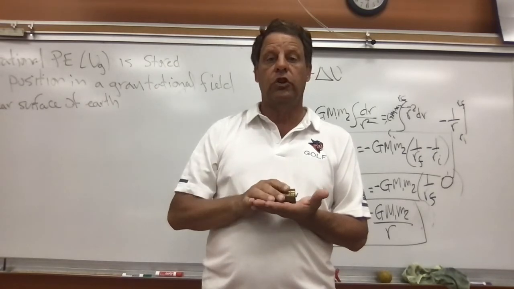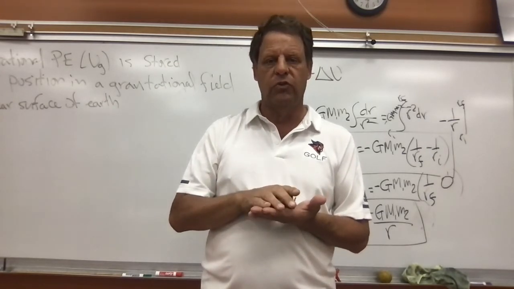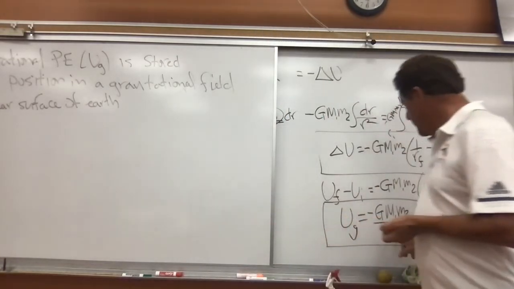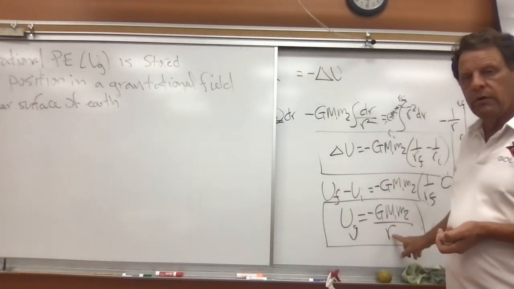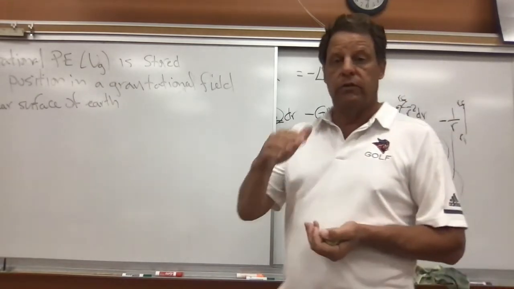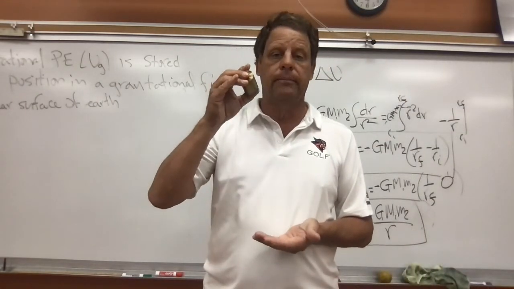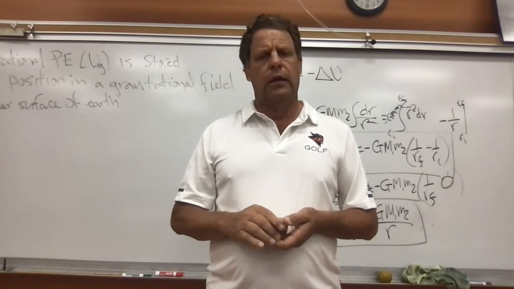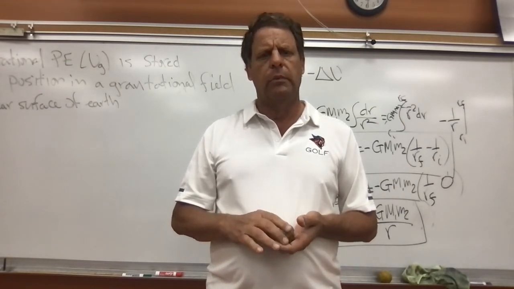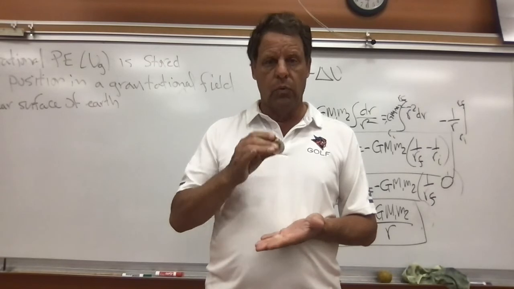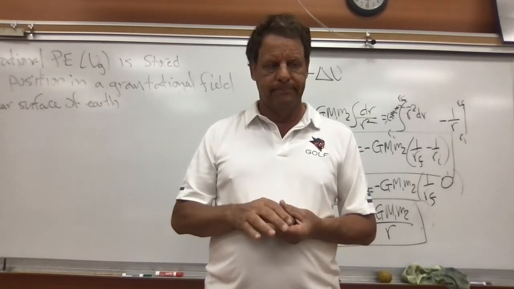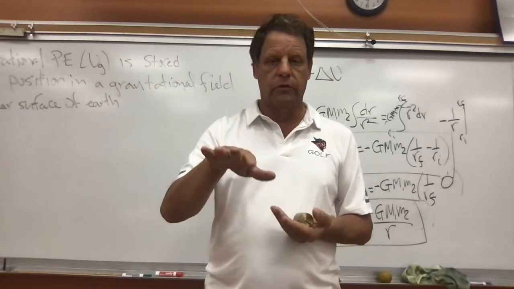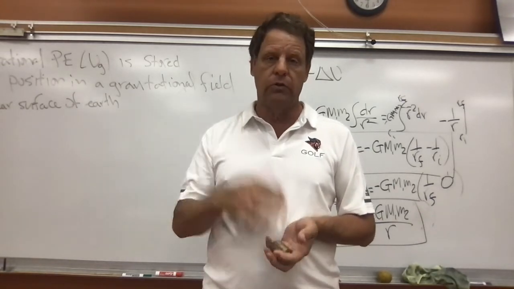So we could use the same thing, and we could use the radius of the Earth, and then the radius of the Earth plus 1 meter, okay? If we use the radius of the Earth and the radius of the Earth plus 1 meter, then we would get 4.9 joules. Okay, so it's the same thing. So near the surface of the Earth, we can use 9.8.